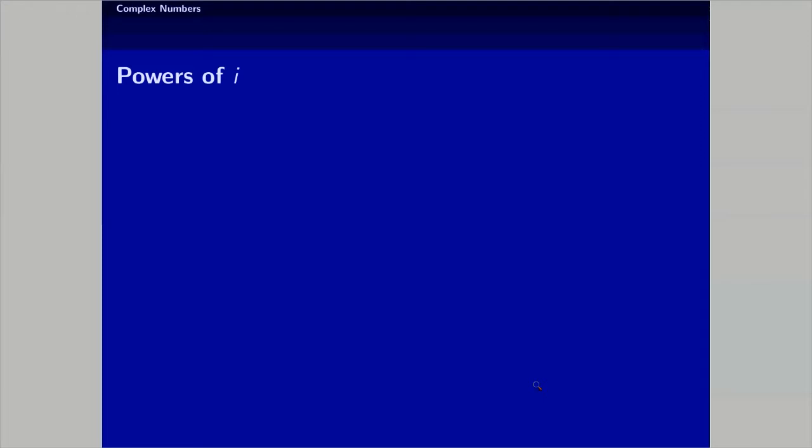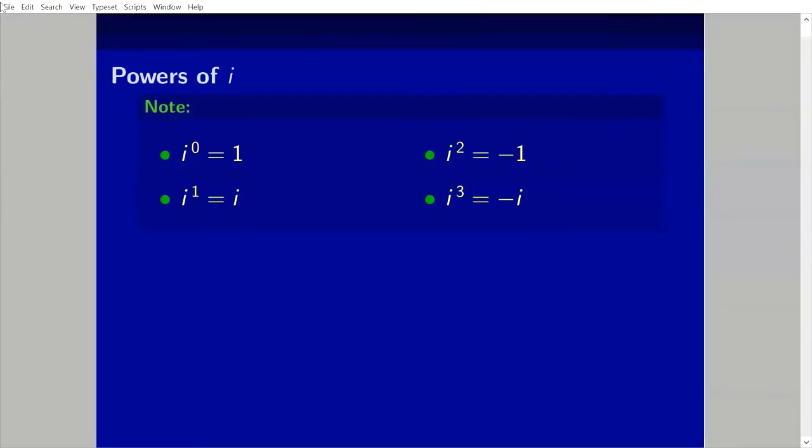What do I mean by that? Exponents of i. Okay? If that's all we are going to discuss, this is all you need to know. i to the 0 is equal to 1. It's very easy to recall, right? i raised to 1 is equal to i.